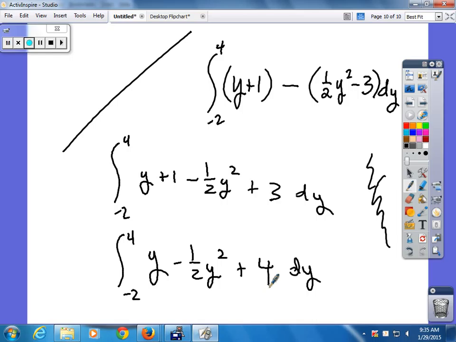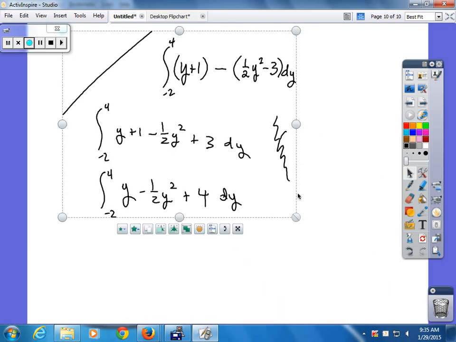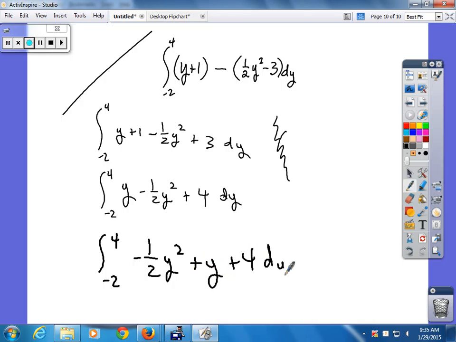How does that look? Now, let's take this, turn it around. And that's going to give me -2 to 4 of -1/2 y squared plus y plus 4 dy.